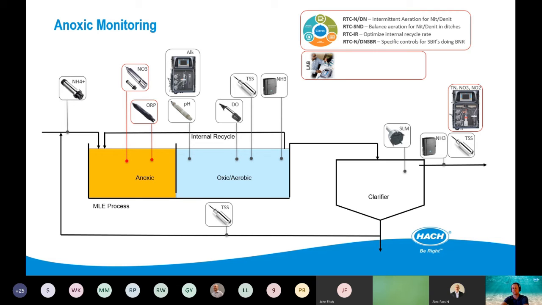And this unit can also be programmed to do total Kjeldahl nitrogen, and all of these individual parameters can be set up with 4 to 20 outputs for SCADA historical trending and other controls.